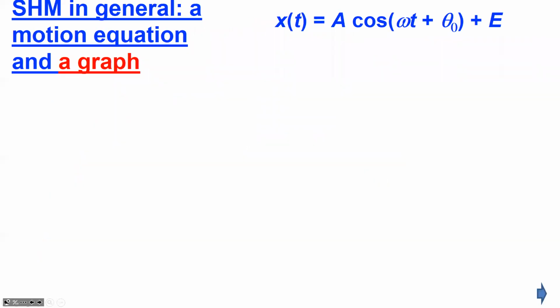So the graph. The general expression for a motion equation for simple harmonic motion looks like this. Could have been cosine, could have been sine, as we know, never tangent or cotangent, cosecant or secant.